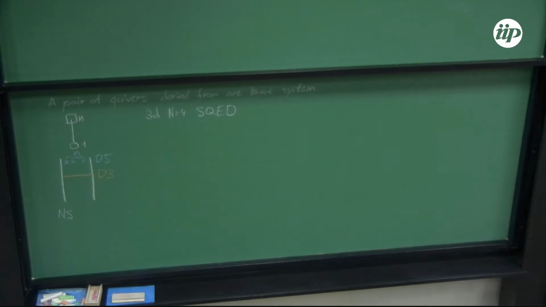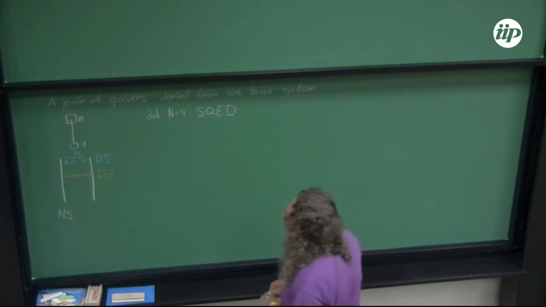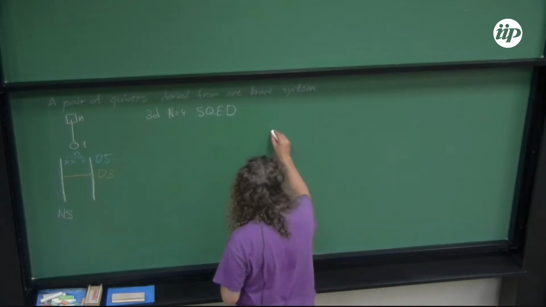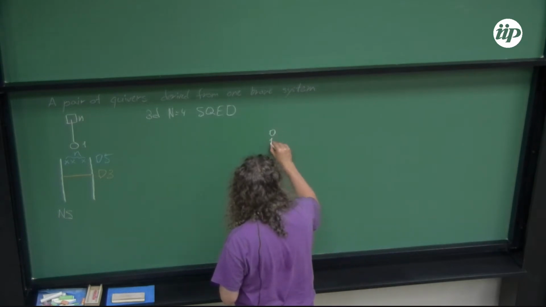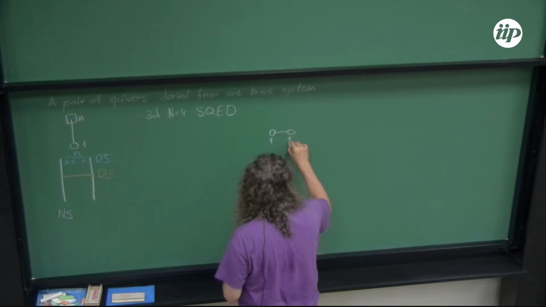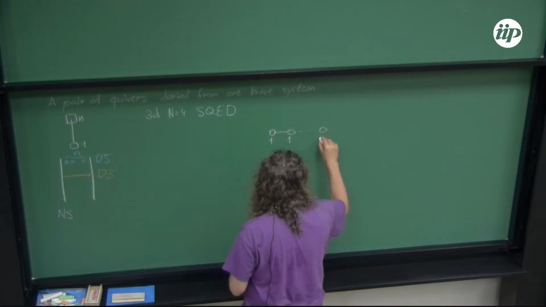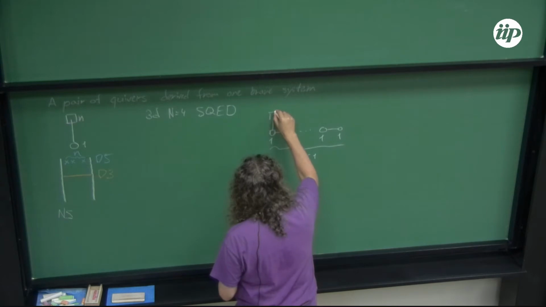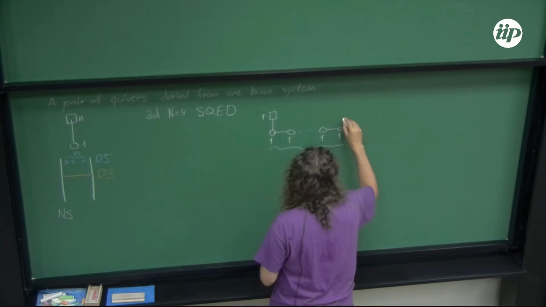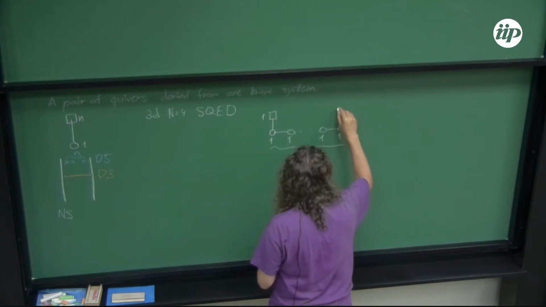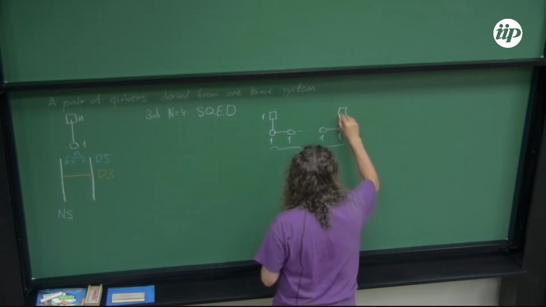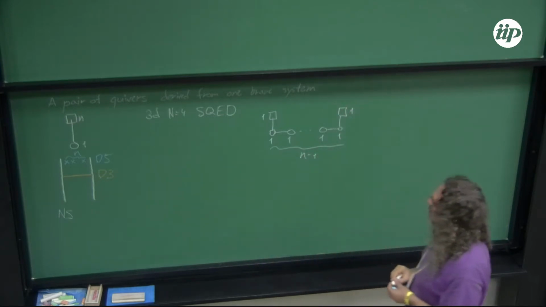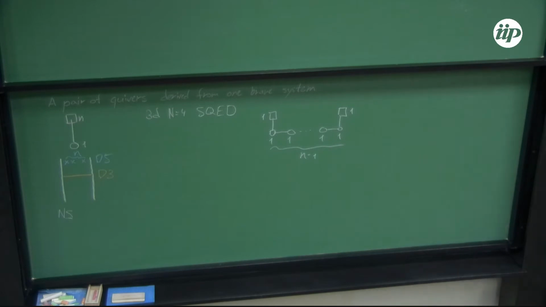And the other quiver is looking like a set of n-1 nodes, and one flavor on each side.